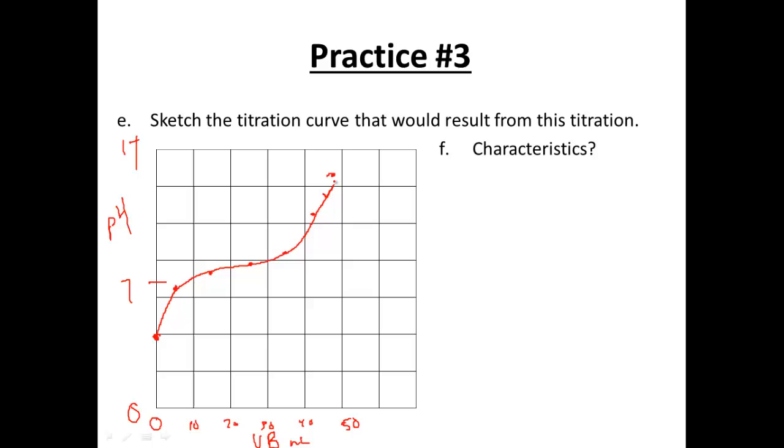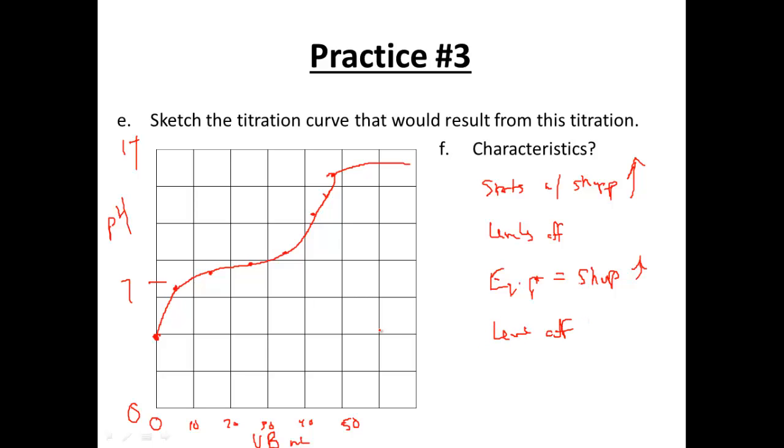Like so. Okay. So a couple quick characteristics here: it starts with a sharp increase and then levels off. Equivalence point is another sharp increase and then levels off again.